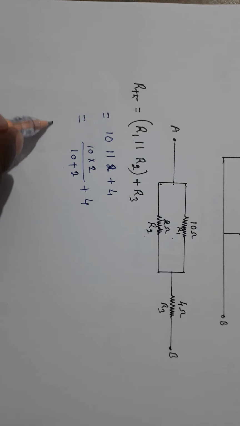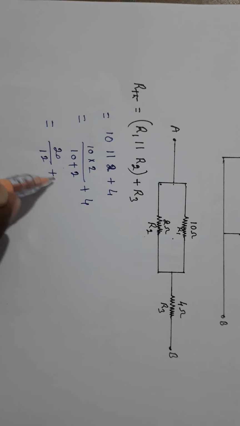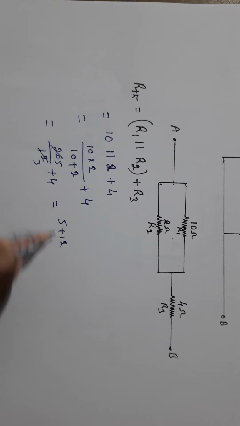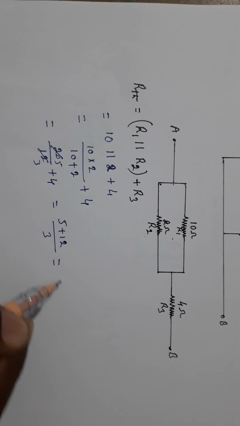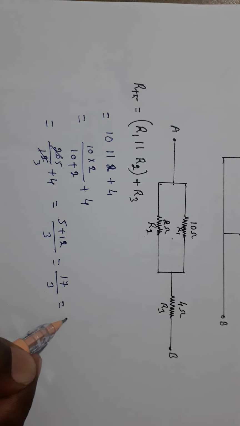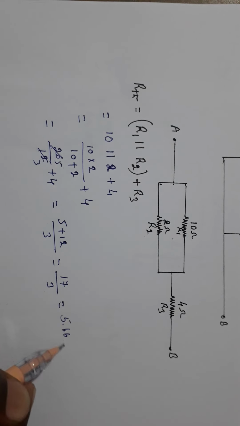That equals 20 divided by 12 plus 4. So that equals 5 by 3 plus 4, that equals 5 plus 12 by 3, that equals 17 by 3, that equals 5.66 ohm.